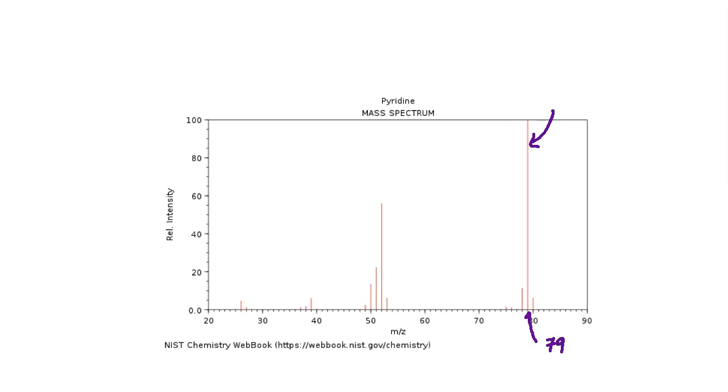So based on that, pyridine should have an odd number of nitrogens. And sure enough, if I draw out pyridine, it would be a structure that has 1 nitrogen in the aromatic system, like this. That's my pyridine, right? That is going to be 1 nitrogen, and therefore we have an odd mass associated with it.